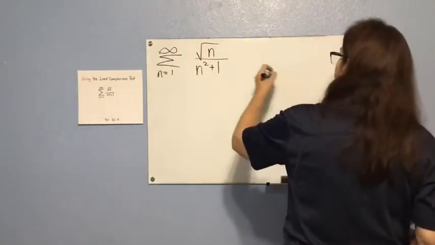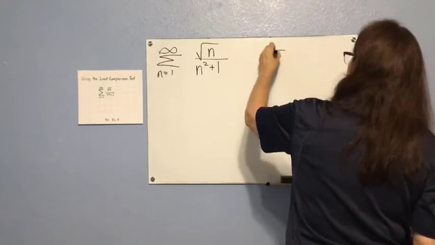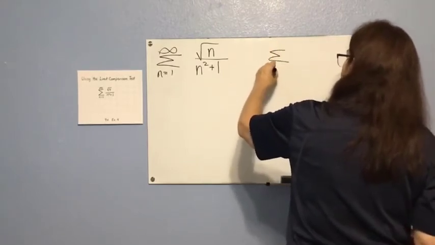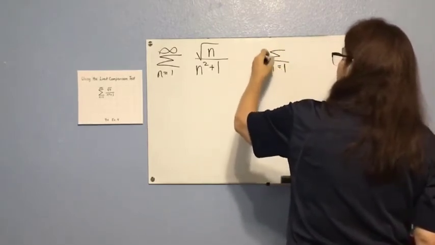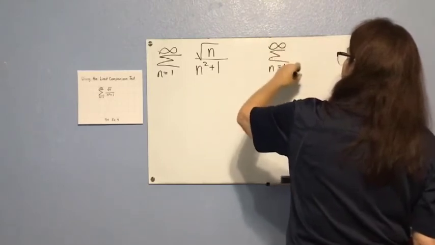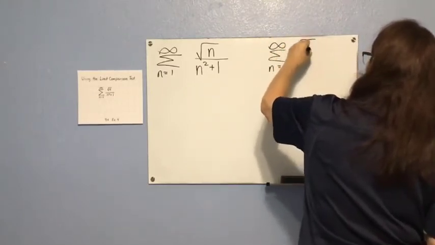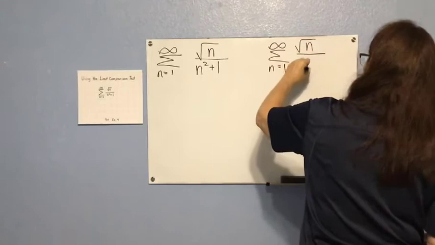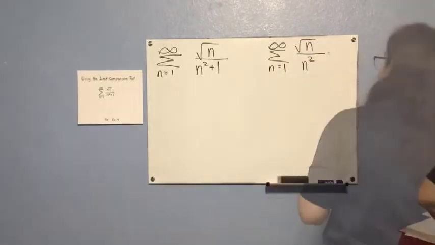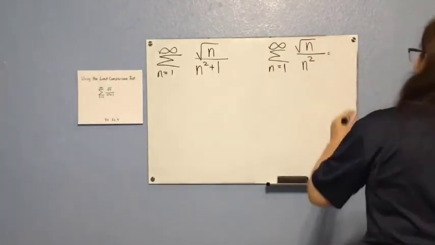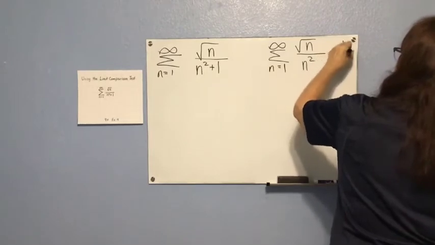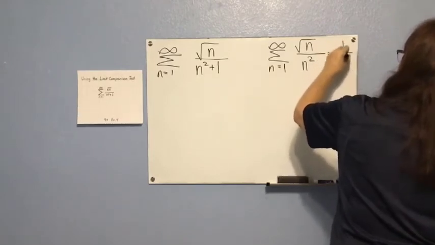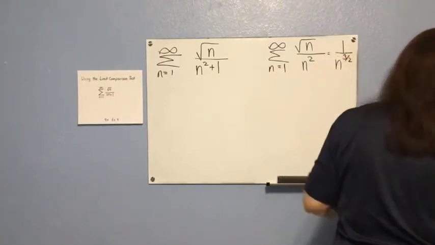And I'm going to compare this to square root of n over just n squared, which I can rewrite as 1 over n to the 3/2 power.